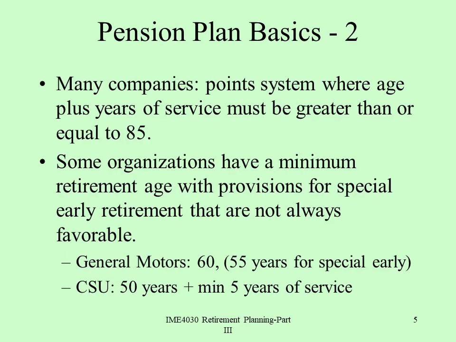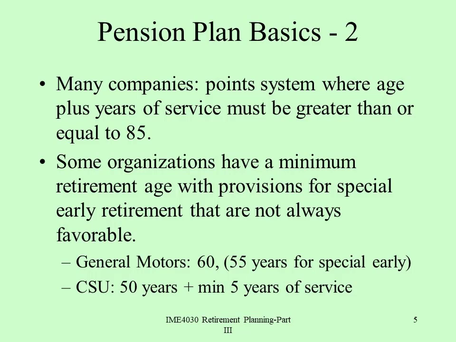Some companies use a points system, and they take your age in years and add your years of service together, and they tell you that when you hit 85 points, the total of the two, then you can retire. Now, on the previous slide, both of those examples hit 85 points: 55 years old with 30 years of service, or 60 years old with 20 years of service.